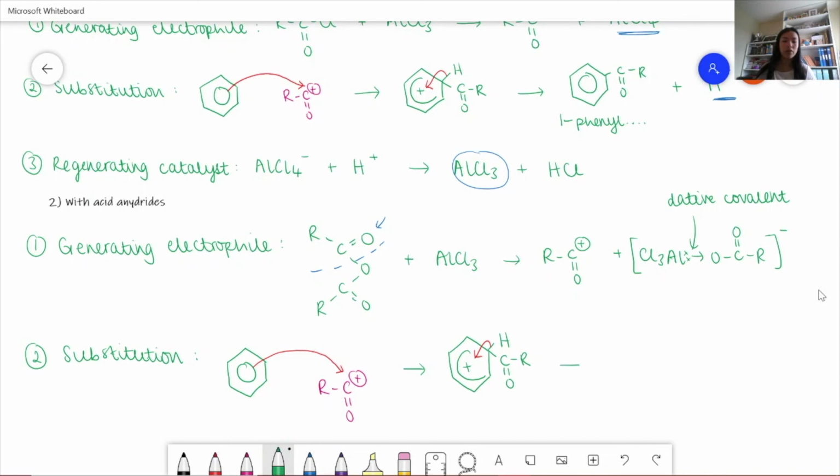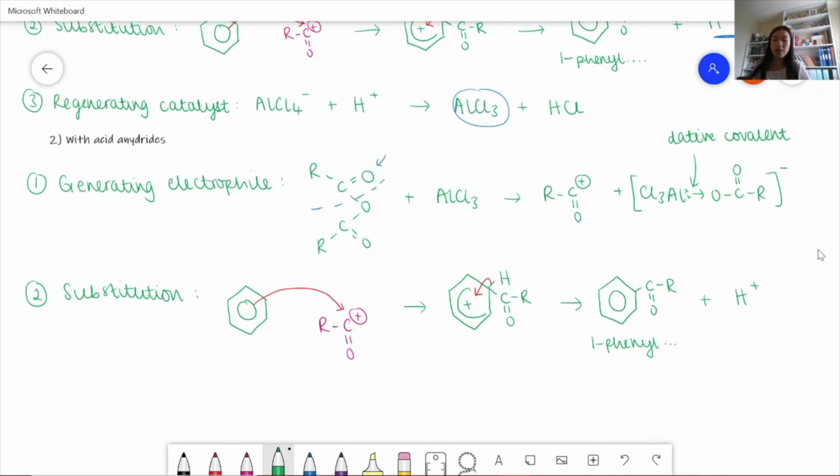And so again, what we form is we have benzene with this C double bond O R and then the H plus ion. And so again, we have this one phenyl molecule. And we always have to remember that the catalyst is regenerated, so that's always the final step.